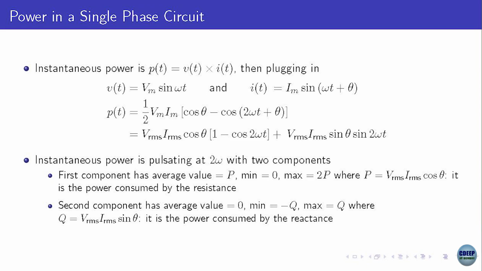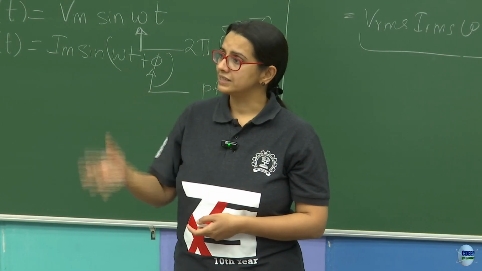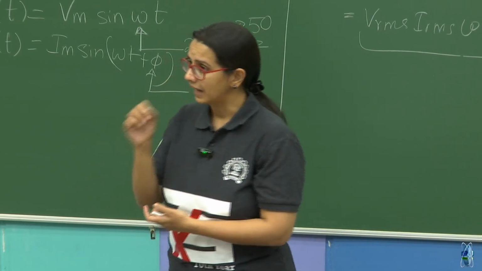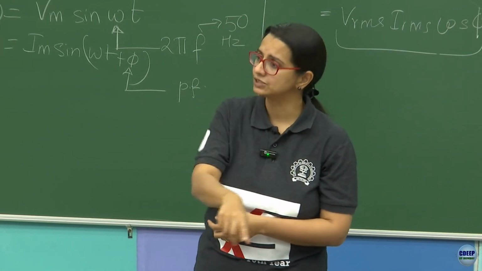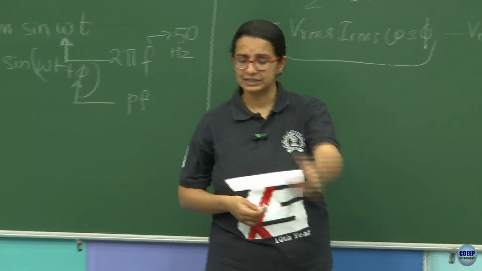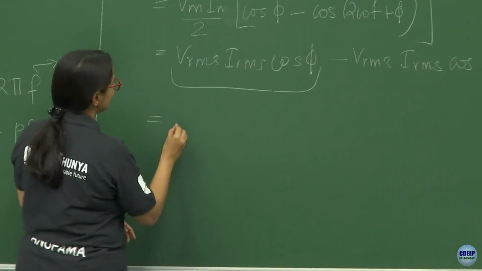Now, from that equation, what I want you to focus on is the fact that there is an interesting dichotomy in the way active and reactive power are in fact defined. Active power is an average value, and you can see that it's your first component. I'm going to write it here.